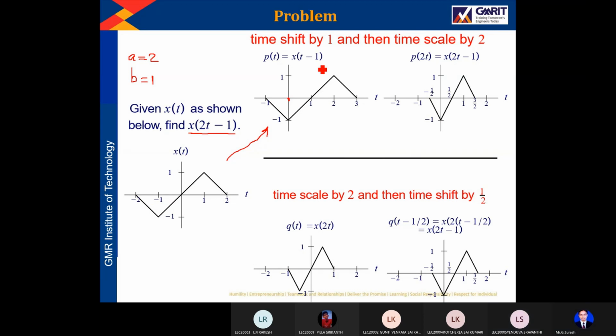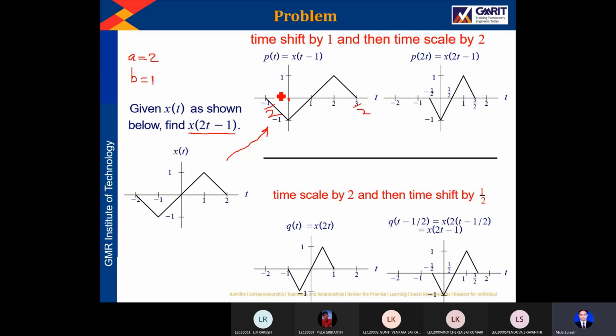Yes sir. Now coming to scaling, you can see this signal. We have to compress this by 2 times. So simply you can divide these time instants by 2 to get the final instants of time.